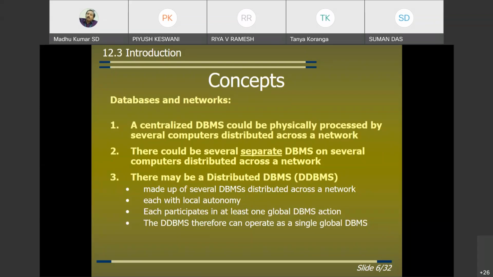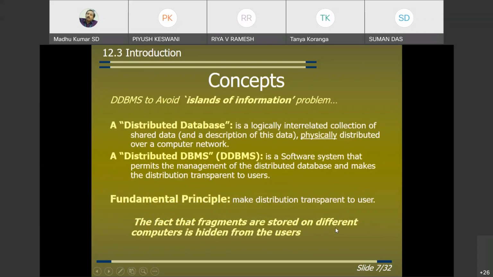Even though the individual machines are running different DBMSs, they all will be connected by a global database management system. The DDBMS can therefore operate as a single global DBMS. So even though each individual machine is running a different DBMS, logically it seems to be a single one. All right.